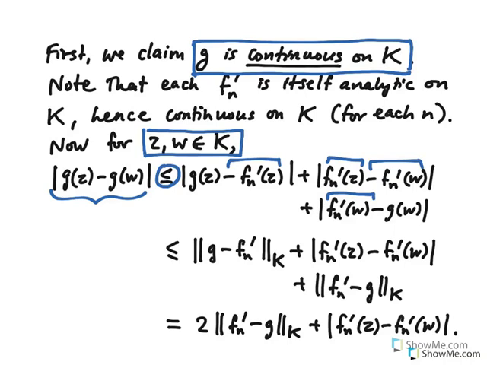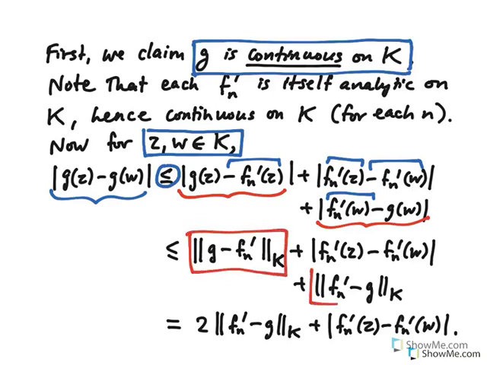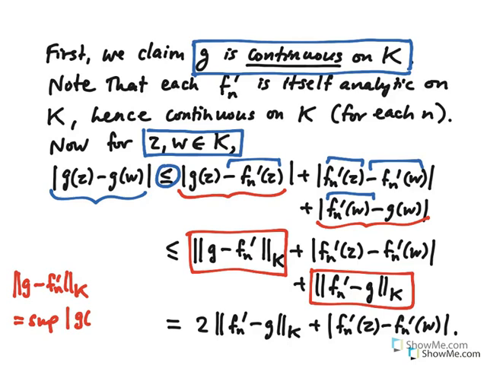Now the key observation is that this and this, both of those terms, are bounded by the same bound, which is the K norm of that difference. Because the K norm of that difference is just the supremum of this expression. It's like g of something, let me just call this something u temporarily, minus f_n prime of that same u. But u is allowed to vary freely through K. Now this expression here is of that type.